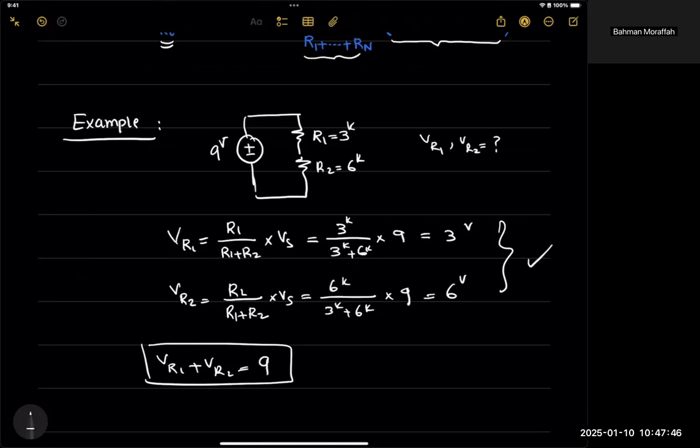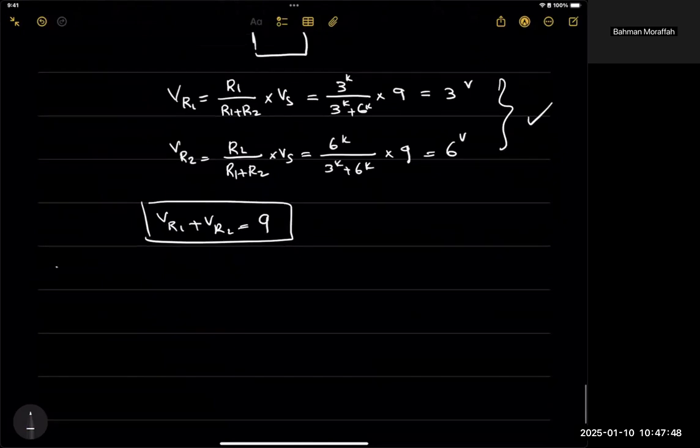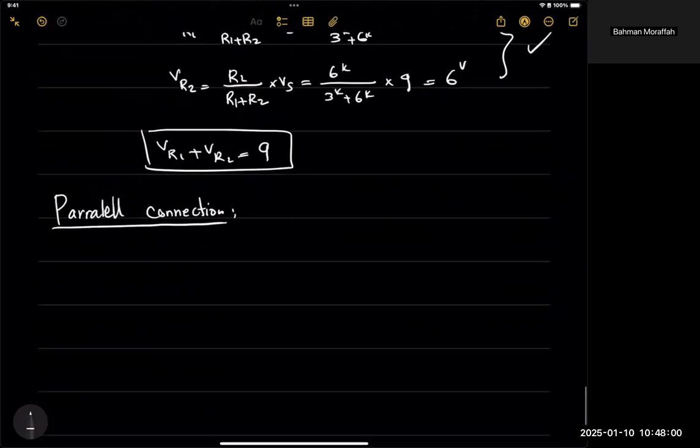Another type of connection that we have is the parallel connection. We say two resistors are in parallel if they satisfy the following.